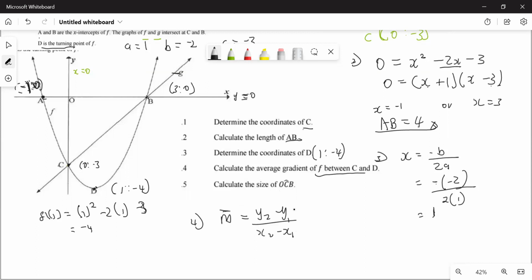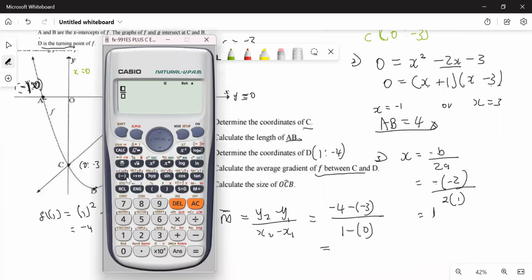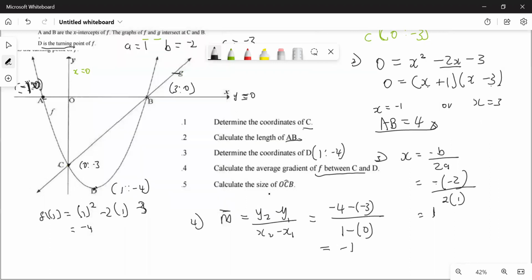Alphabetically, you're going to have minus 4 minus open bracket minus 3 close bracket all over 1 minus open bracket 0. If you type this in your calculator, minus 4 minus open bracket minus 3 close bracket all over 1 minus 0, your answer is going to be equal to minus 1. So this is going to be your average gradient.